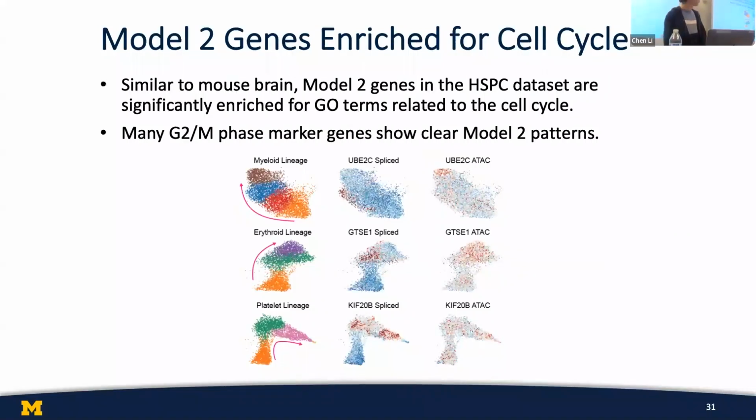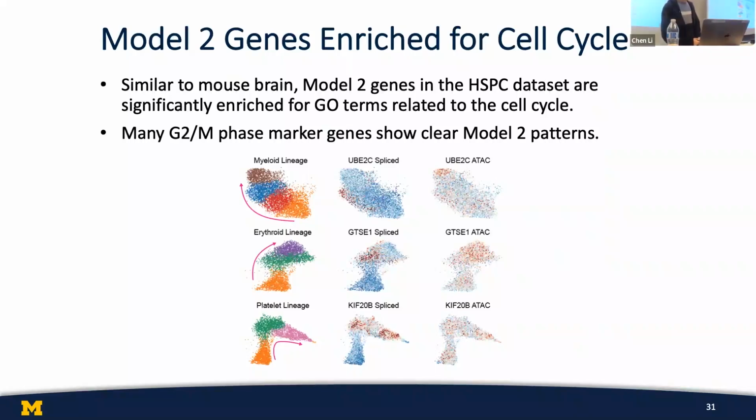We found that the model 2 genes are enriched for cell cycle in terms of the GO analysis. Here I'm showing the three cell cycle genes for three lineages on the UMAP, subsetting for only those lineages: myeloid lineages, erythroid, and the platelet.